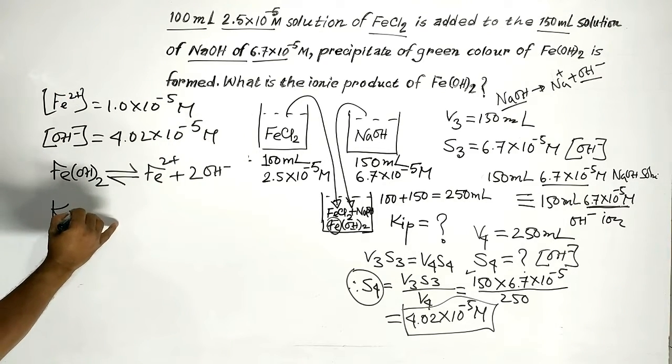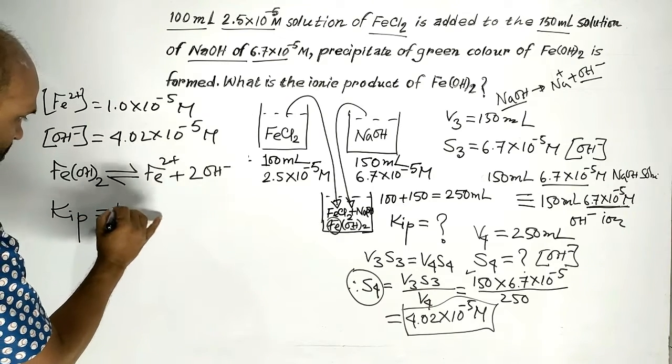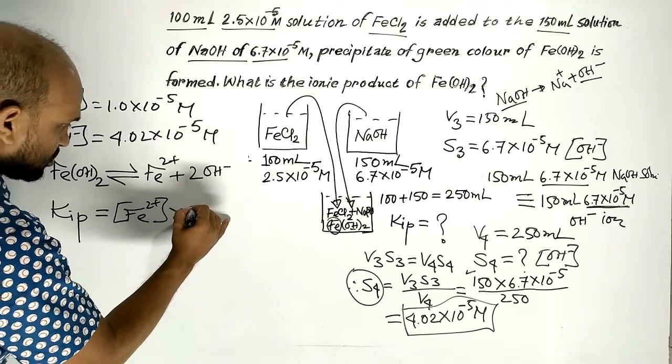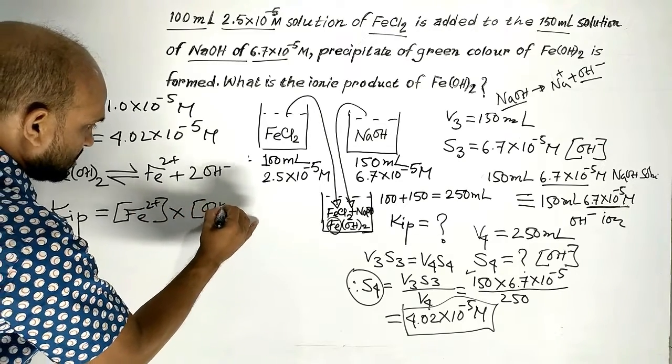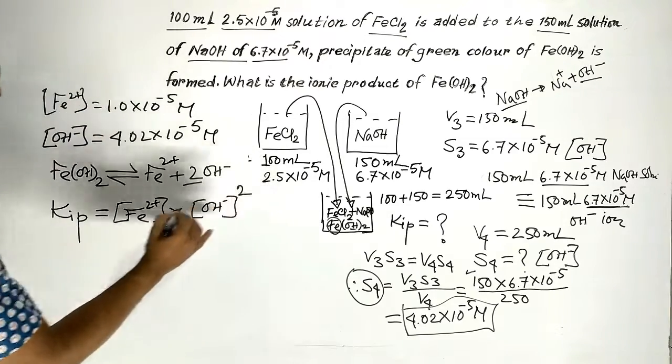Now ionic product of ferrous hydroxide is equal to concentration of ferrous ion times concentration of hydroxide ion, where the coefficient will be the power.